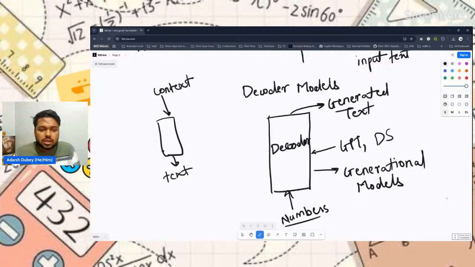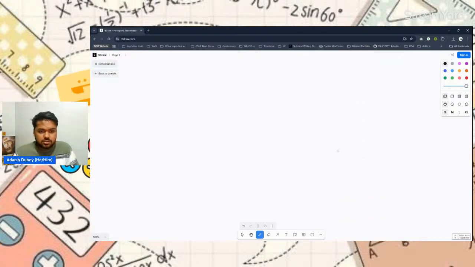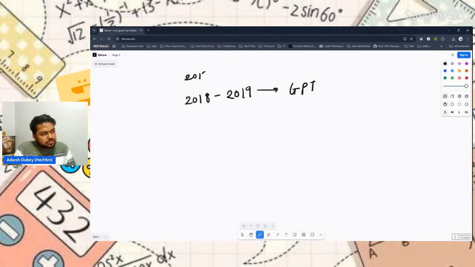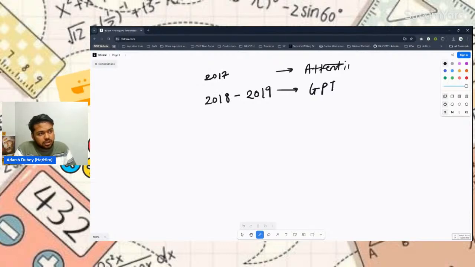Now, before I begin, I'd like to emphasize one thing about the recent history in language AI. In 2017, the attention paper was released, the paper which introduced attention, right?